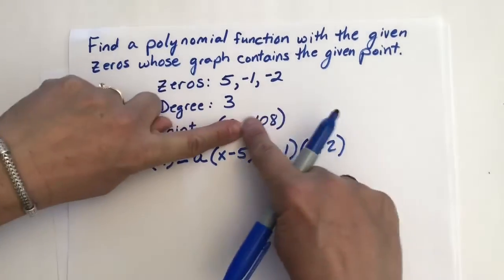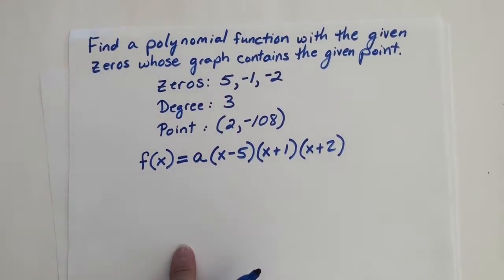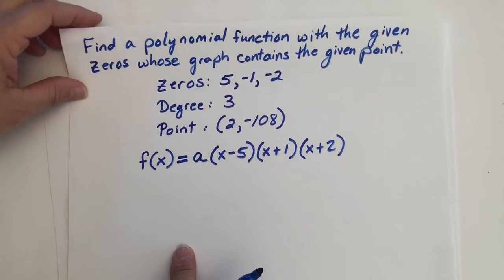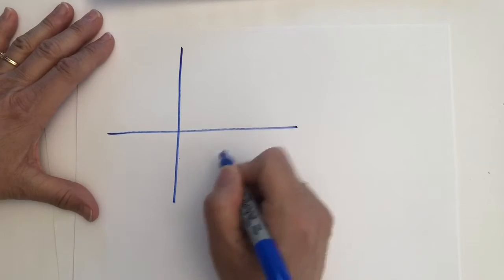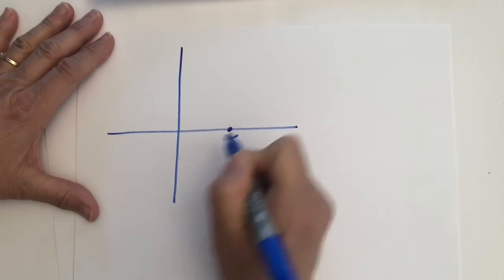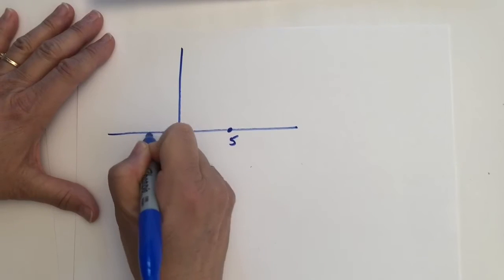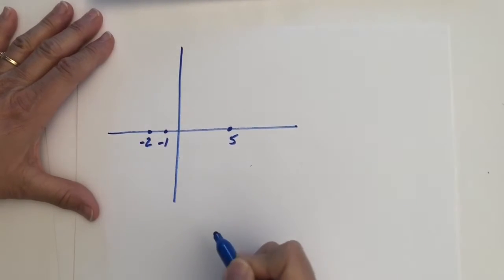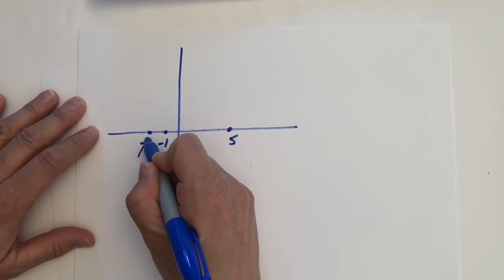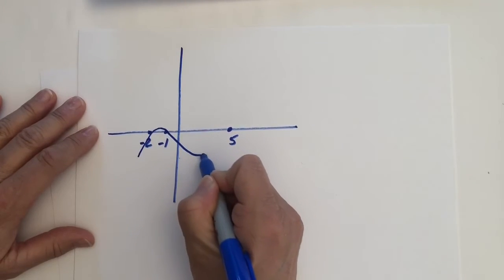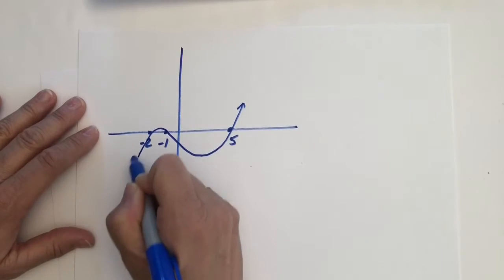If we didn't have that information, suppose we only had this, here's what we could say about the graph. We know the graph would go through 5, -1, and -2. So the graph could look something like this. It's third degree, so maybe it looks like that.